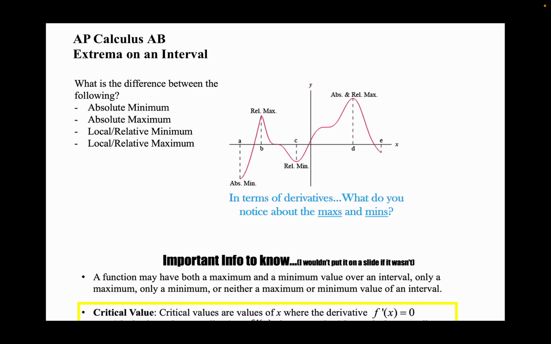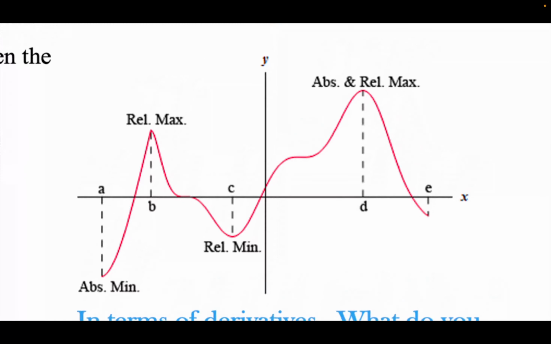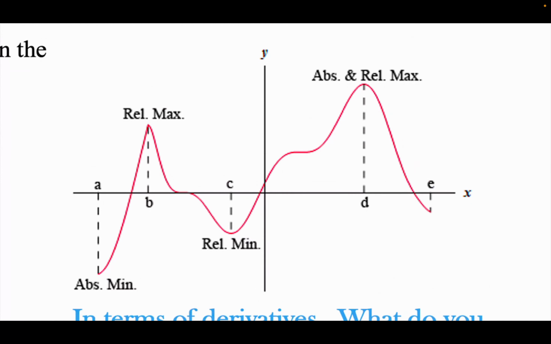So the topic we're talking about today is called extrema on an interval. Extrema refer to maximums and minimums. I give you a little picture here. So, absolute maximum and minimum. This interval goes from A to E. Interval means there's a beginning and there's an end.